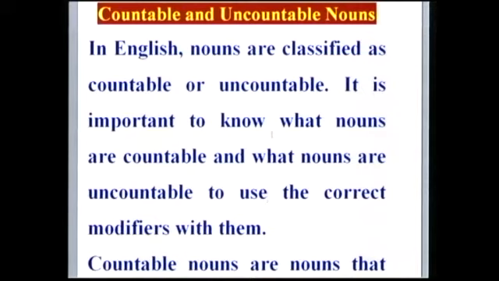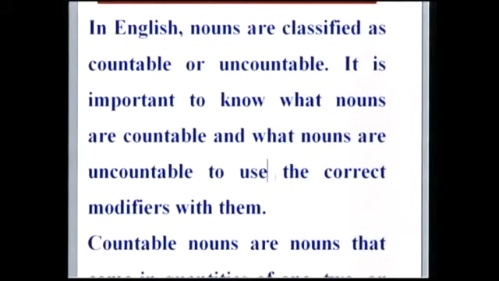It's important to know what nouns are countable and what nouns are uncountable to use the correct modifiers with them. يعني ايه modifiers بقى؟ ما هو أنا ممكن أقول مثلا a lot of دي ممكن أستعملها مع count nouns و non-count nouns. لكن لو عايزة أقول مثلا many students with a countable noun هقول many. لكن لو عايزة أقول work مش هقول many work هقول much work. يبقى لازم أبقى عارفة الاسم اللي عندي ده whether it's a countable noun or a non-countable noun to know which modifiers to use.